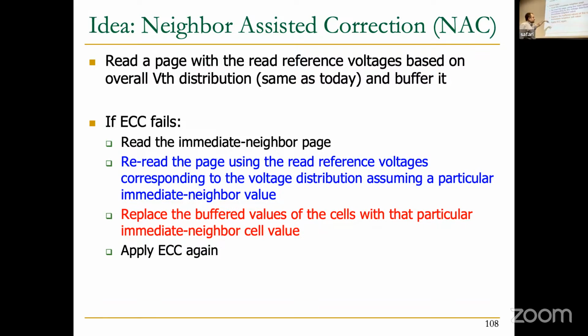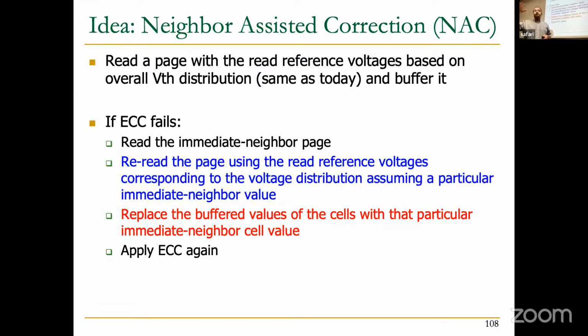So you will retry, and then you replace the buffer values of the cells with the particular immediate neighbor cell value. And then you apply ECC again. If your ECC succeeds, then you're done. If not, you can go to the next step by checking, for example, the next value, which is, for example, 1, 0, and then those cells that have 0, 1 and 0, 0.